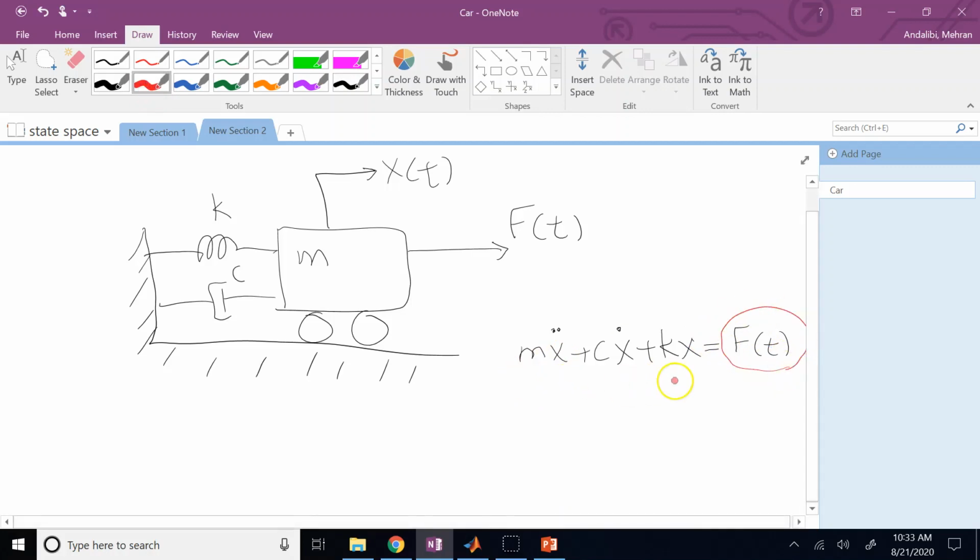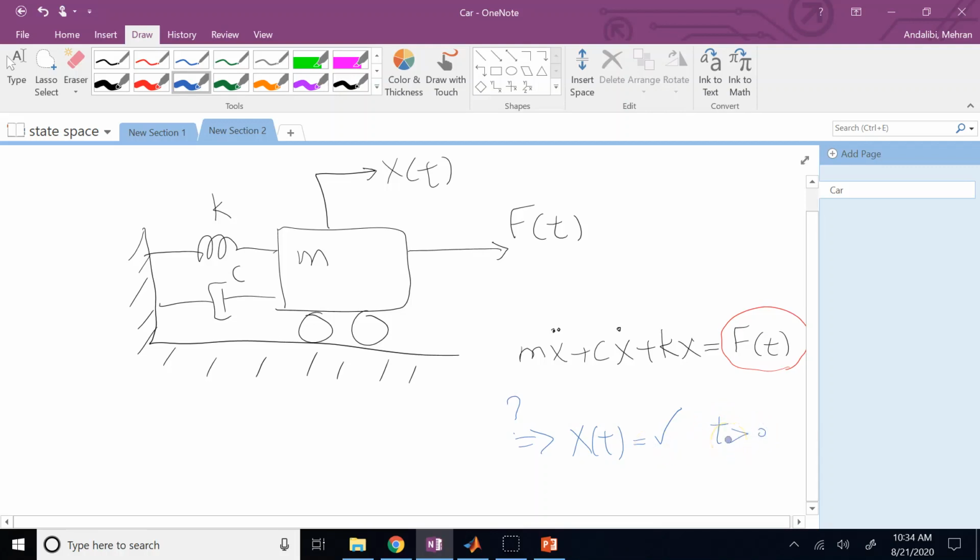I know my governing differential equation. Can I solve for the output of the system for any time point where t is bigger than or equal to 0?